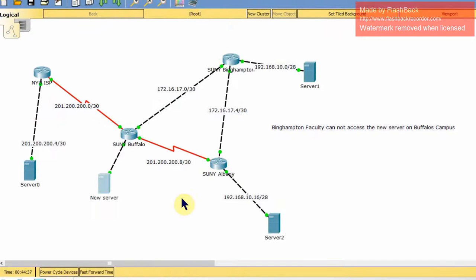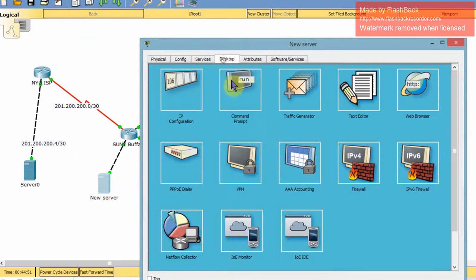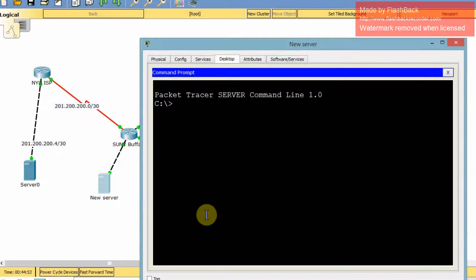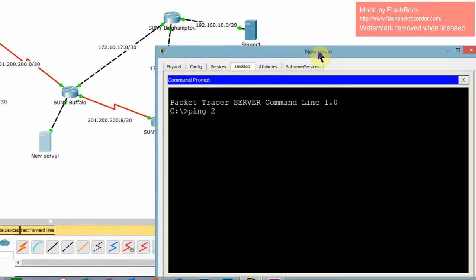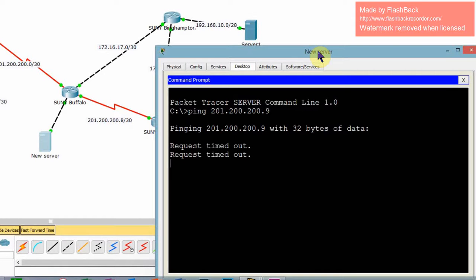Alright, so on our third scenario here, Binghamton faculty is trying to contact the new server on Buffalo's campus, and they cannot. So I'm going to go ahead and start by trying to ping. Let's see, can it ping its own network?